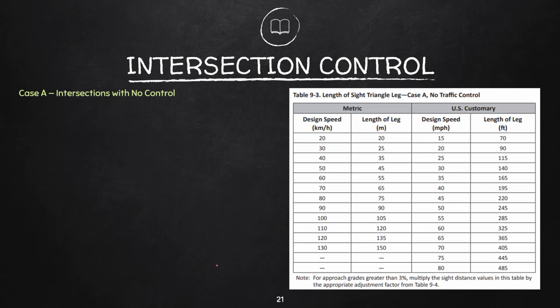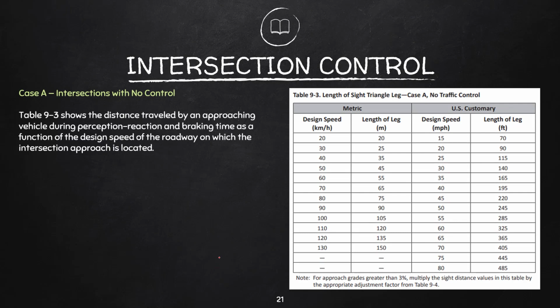This Table 9-3 shows the distance traveled by an approaching vehicle during perception reaction time and braking time as a function of the design speed of the roadway on which the intersection approach is located. So for different design speeds of the roads, this is the length of the legs for the sight triangles.